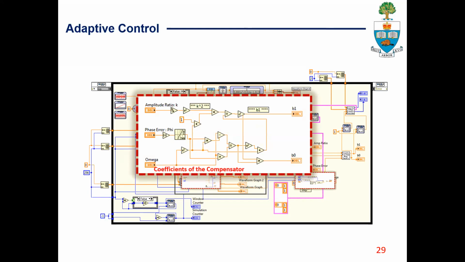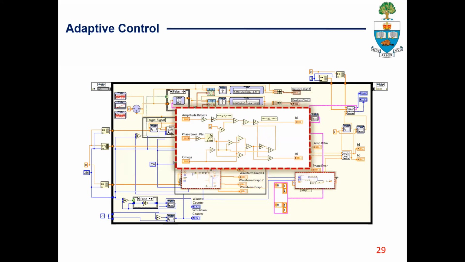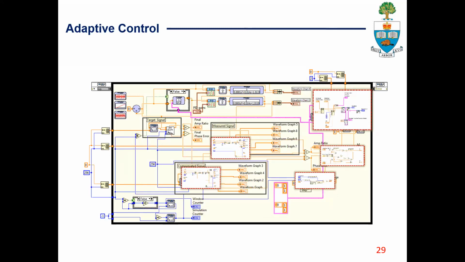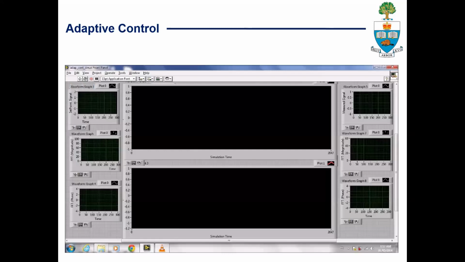We use them to determine the coefficients of the compensator, and then we build the compensator transfer function that we are going to place in the forward path that I just showed. So this way we can implement this adaptive controller quite easily in our user reconfigurable platform.